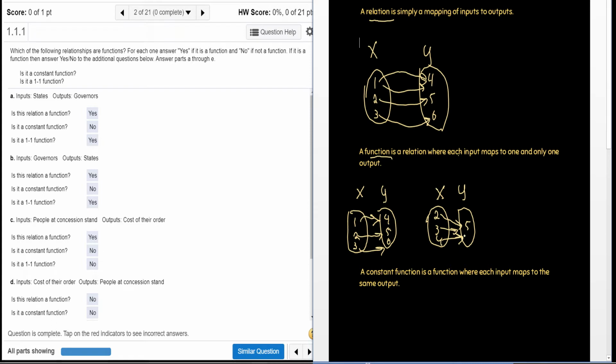In this case, each input maps to the same output, but each input is going to only one output, not to two.